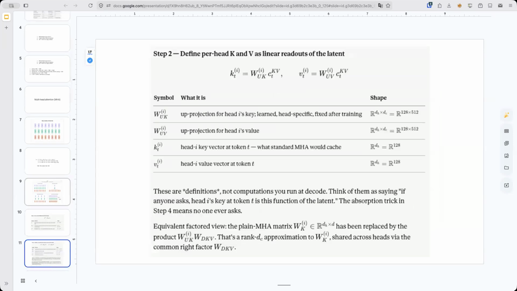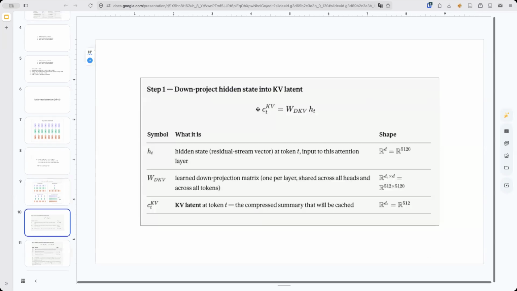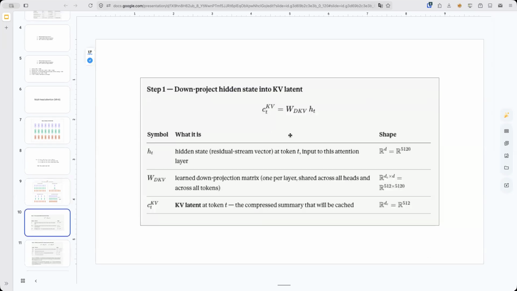Step two is that we define per head K and V up projections that can be applied to this. So first, we uniformly transform hidden state vectors into some KV cache vector.